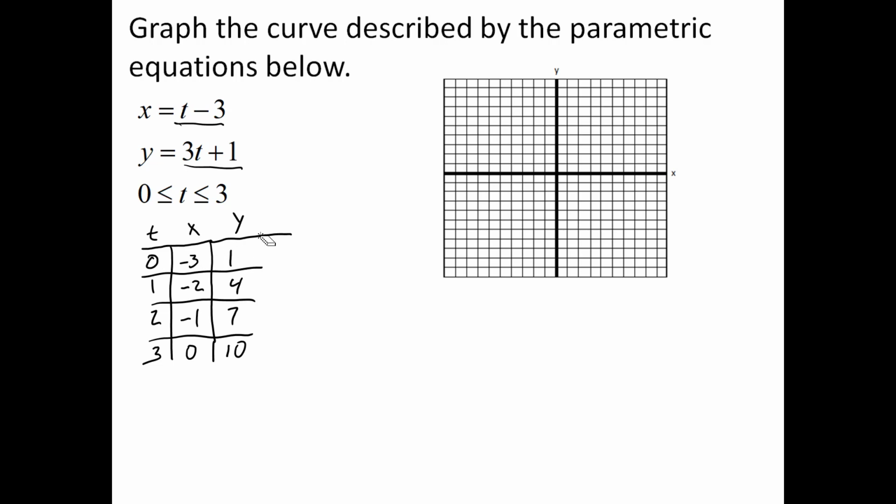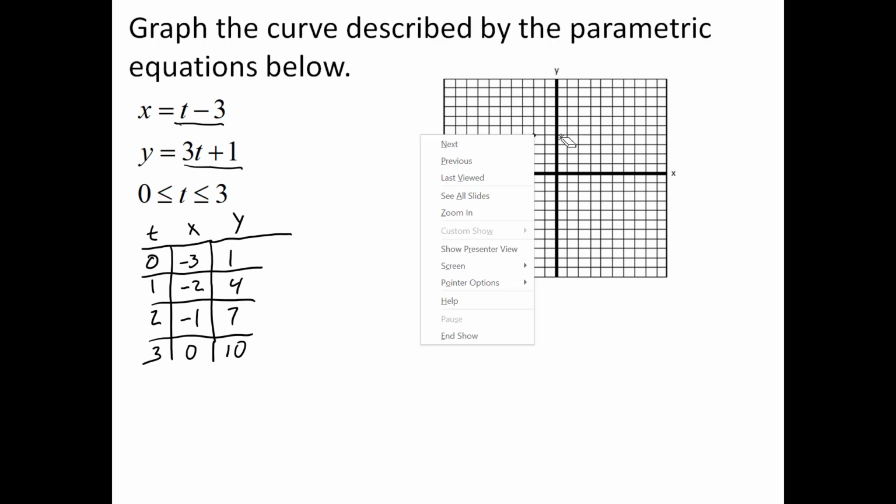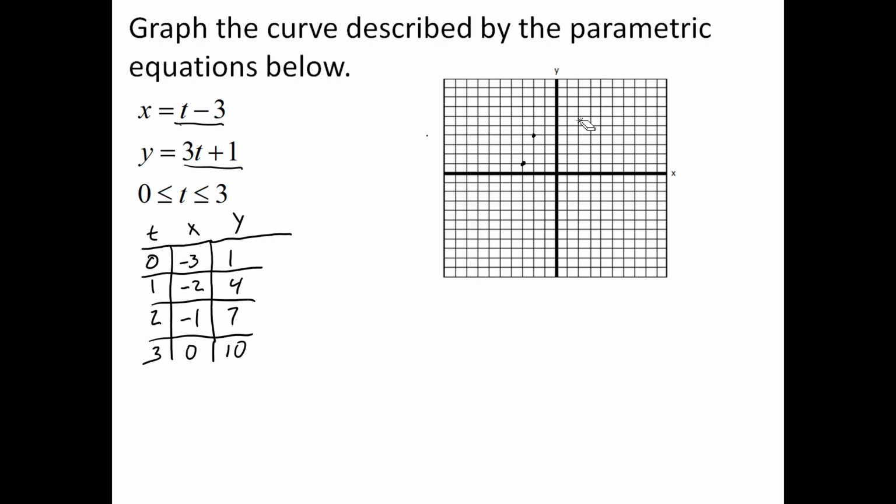All these are plotted on the xy plane. So then you get negative 3, 1. Negative 2, 4. And negative 1, 7.